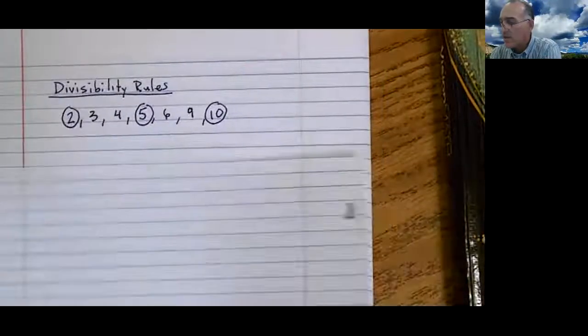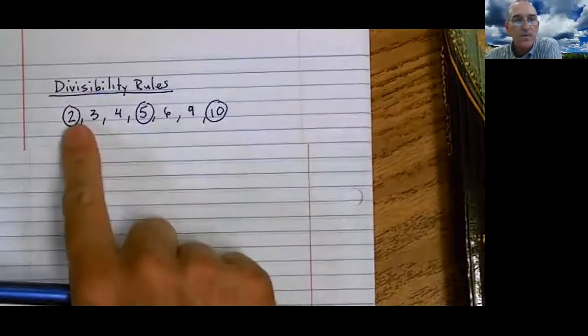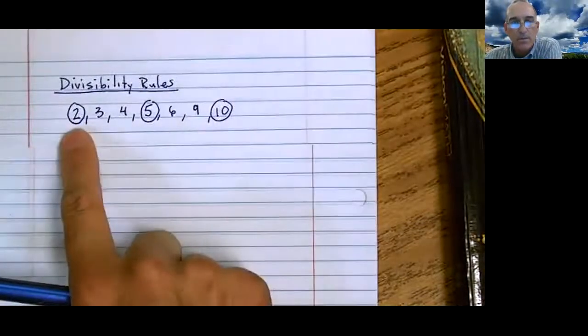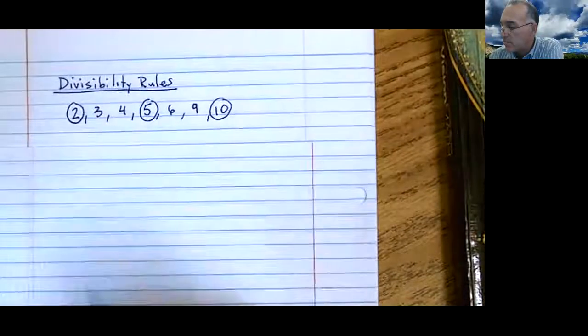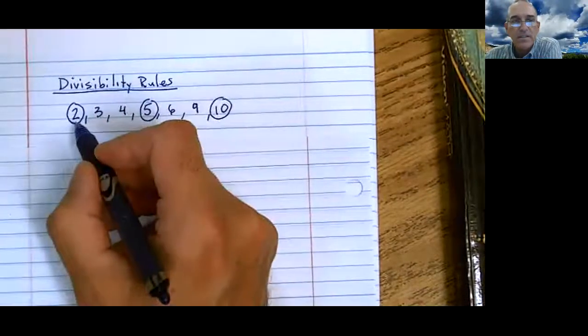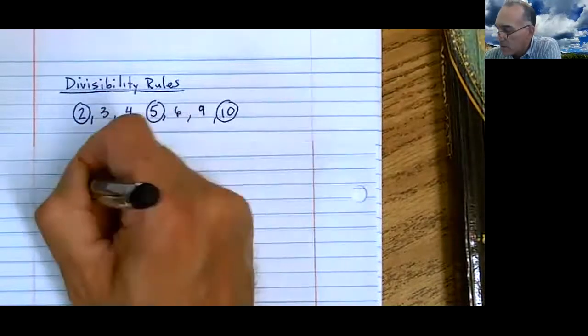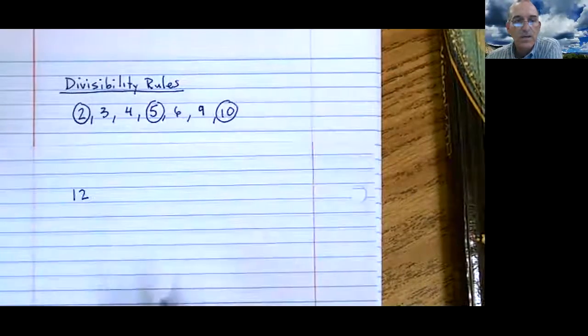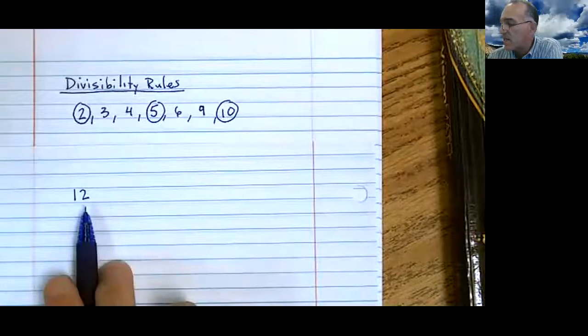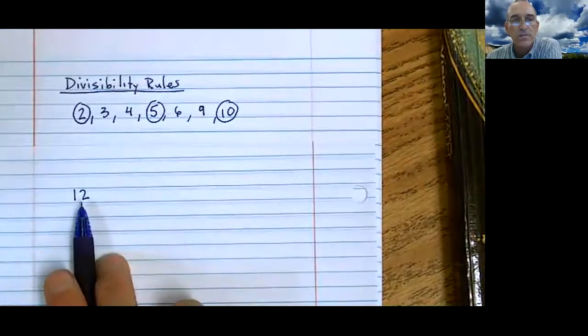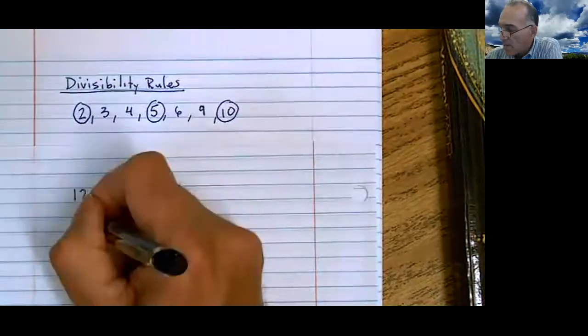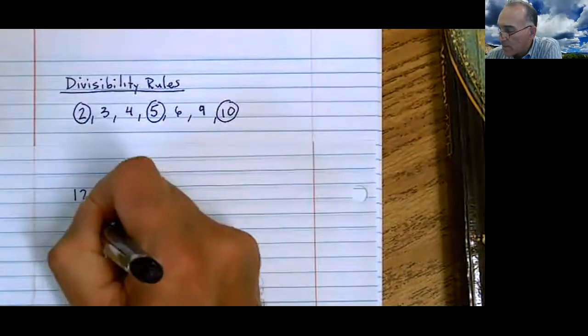Watch. If it is an even number, it's divisible by 2. So a number is divisible by 2 if it ends in an even number. If I have this, notice it ends in an even number, so this number is divisible by 2. I'm making these numbers up.